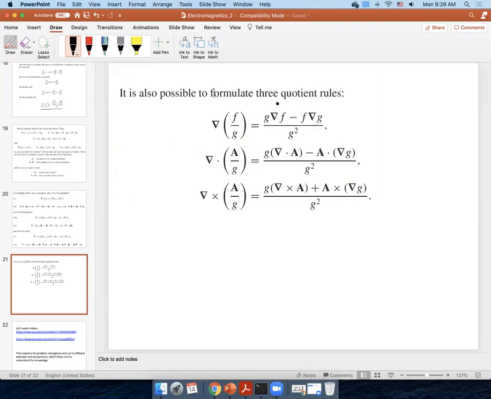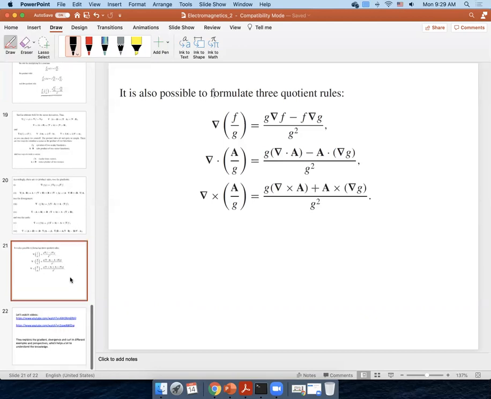It's very similar to the quotient rule for ordinary derivatives. Another thing is the dot product and then the cross product. They're not very complicated. Please try to remember those. If you can't, you can check the list, and you can also refer to the slides or the textbook whenever you need to use it.